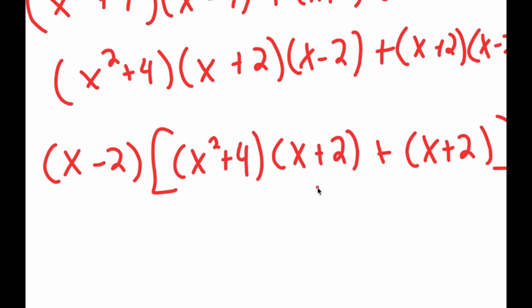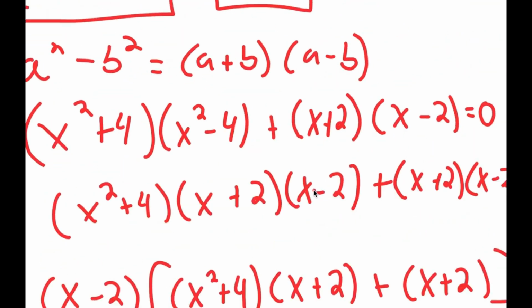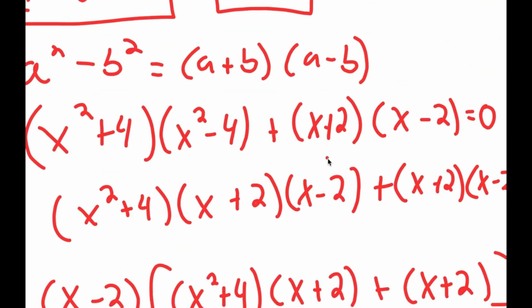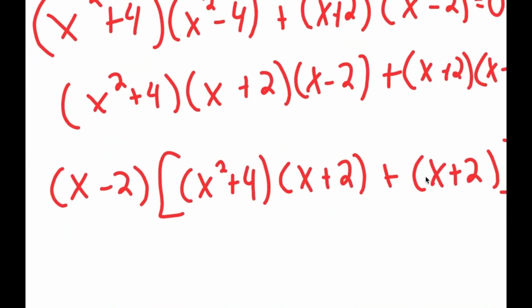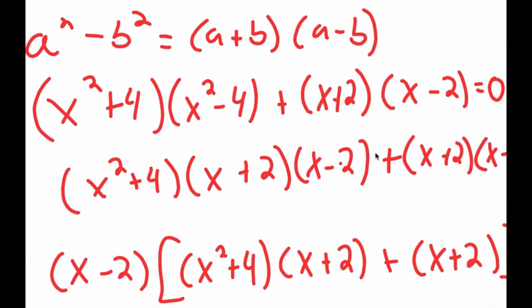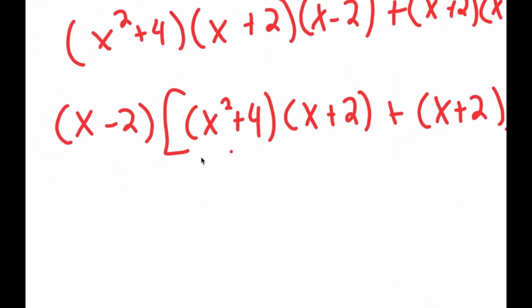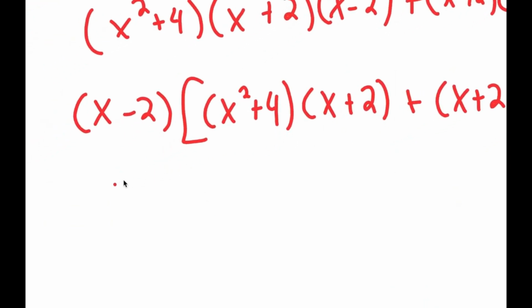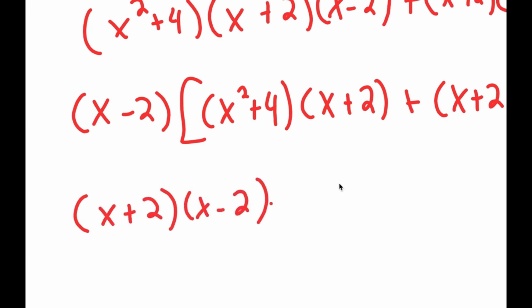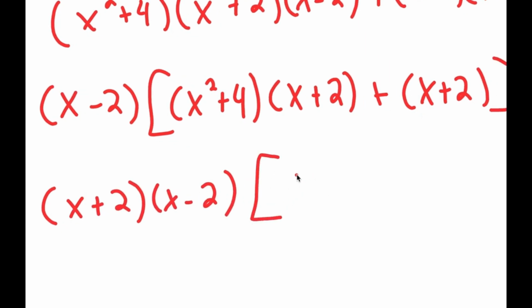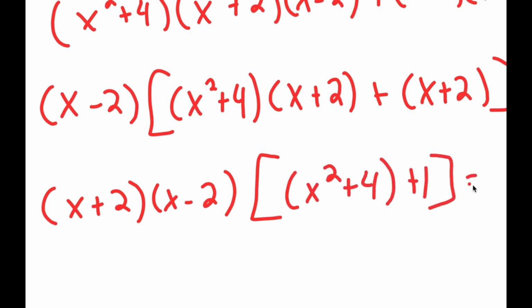So actually at the start what we could have done is just factored x squared minus 4 out, but now we're going to factor out x plus 2 as well. So I get x plus 2 times x minus 2 times x squared plus 4 plus 1 is equal to 0.